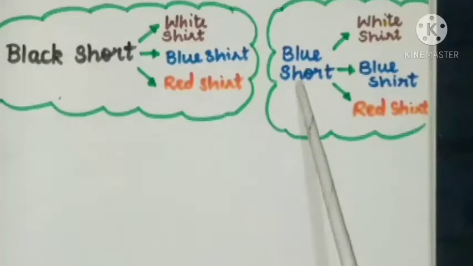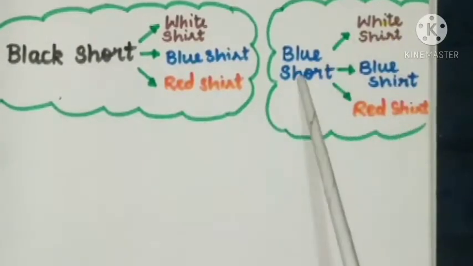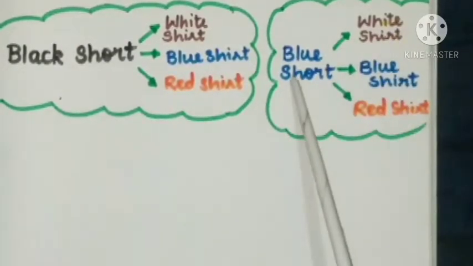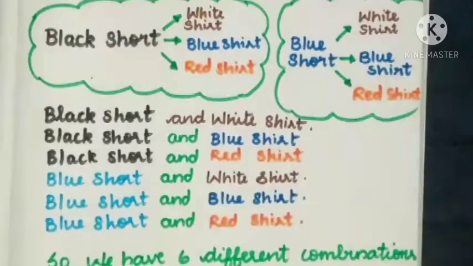And for blue short: white shirt, blue shirt, red shirt. So we have 6 different combinations, that is black short and white shirt, black short and blue shirt, black short and red shirt, blue short and white shirt, blue short and blue shirt, blue short and red shirt. So we have 6 different combinations.